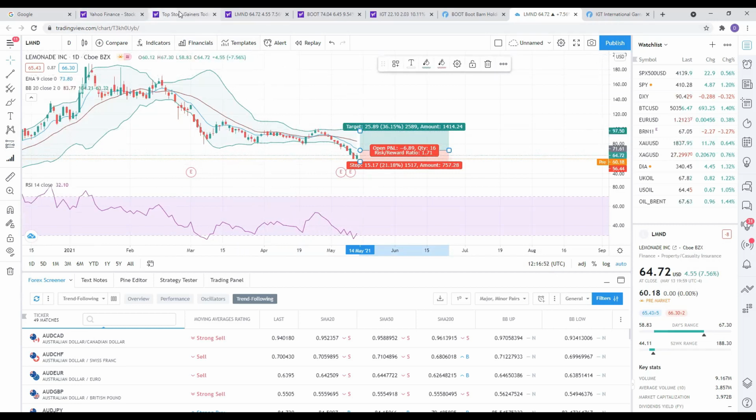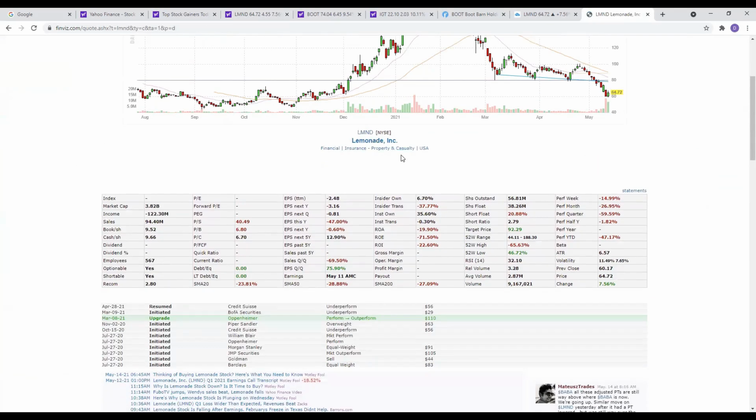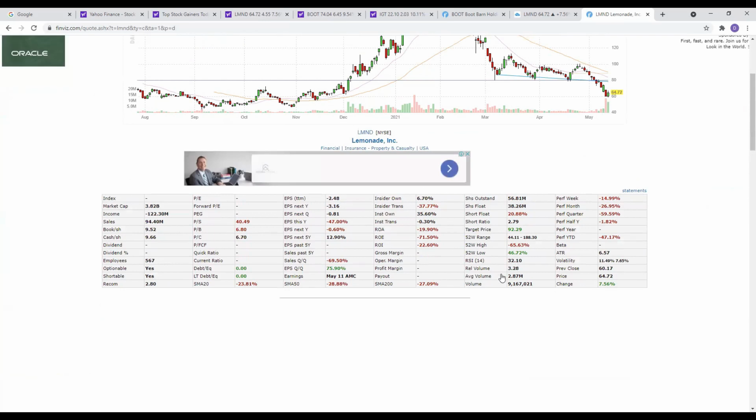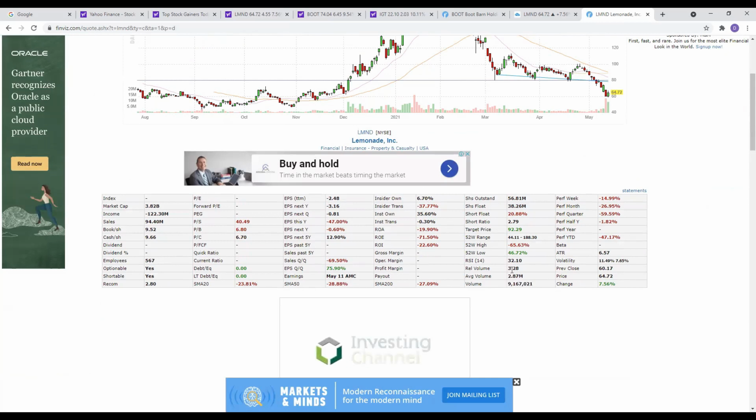Let's look at some more factors regarding this stock. Let's look at the relative volume. The relative volume is high. There's strong demand. The relative volume is 3.28, so this stock is trading 3.28 times greater than what it normally trades at.